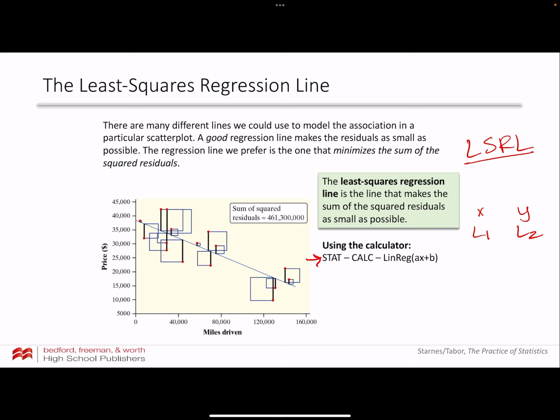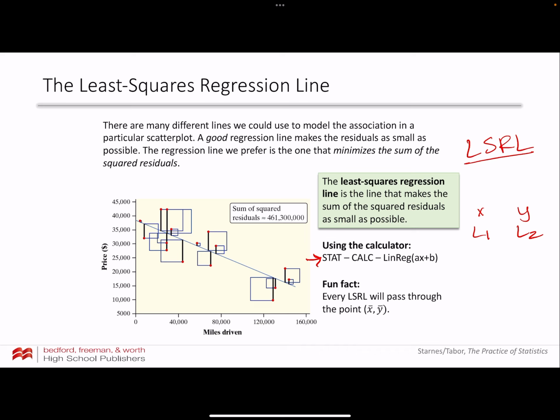We've already used this function to find our r value. We're going to use the same function, STAT CALC LinReg. There are two LinRegs you could use, I think it's ax plus b, or LinReg a plus bx. Either one is fine. That's going to give you the least squares regression line, the values for the slope and the y-intercept.